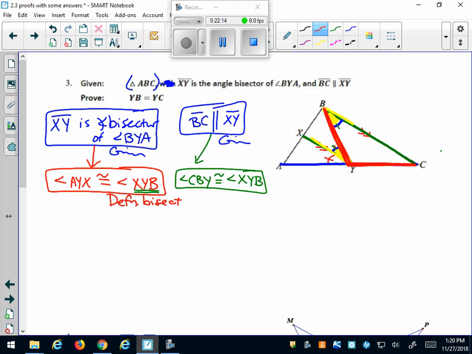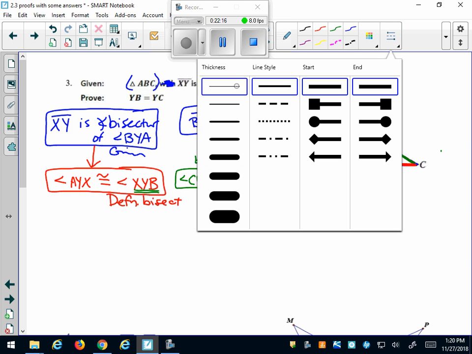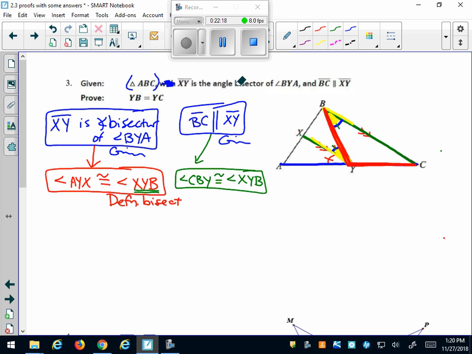Again, based on the section that we're in right now, if we're trying to conclude that YB equals YC, what do you think the statement right before it's going to be? These are two sides of a triangle. Yep, Cooper?